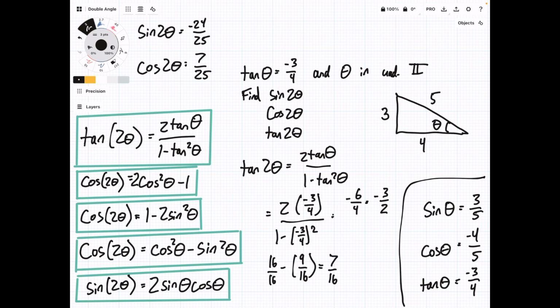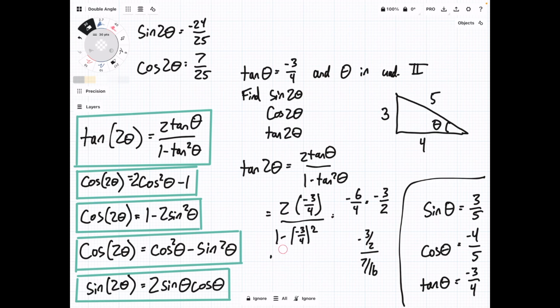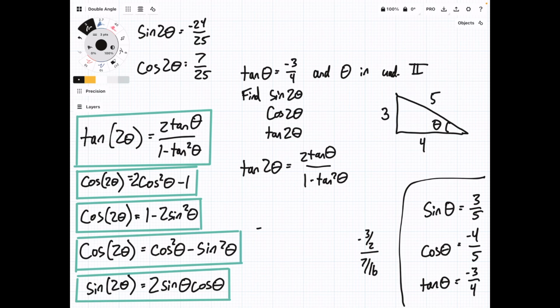So we end up getting negative 3 over 2 over 7 over 16. I'm going to need a little extra space here. So now what we can do is negative 3 over 2 times 16 over 7. And that's going to be negative 48 over 14.